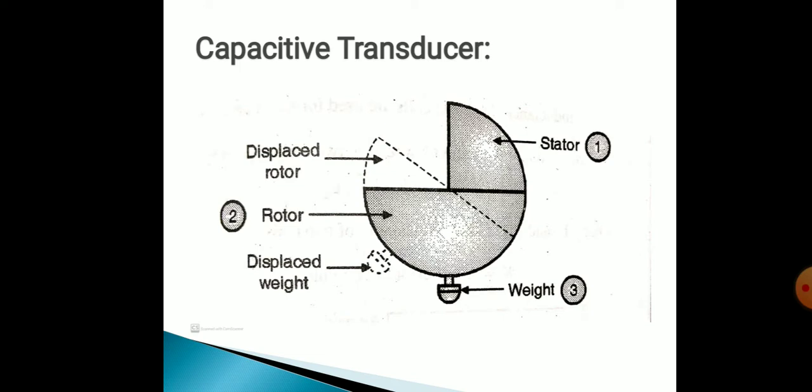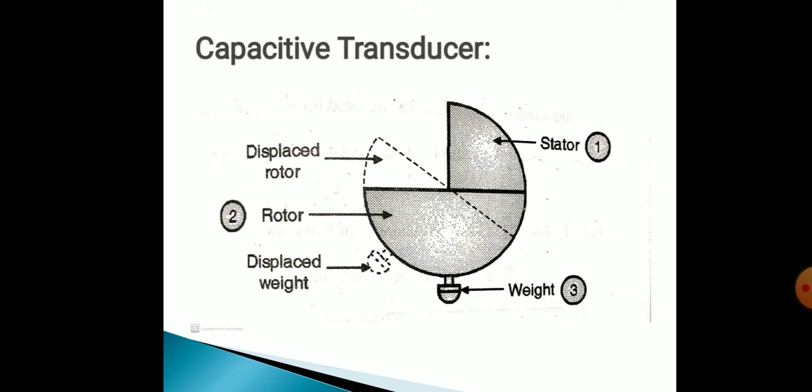The rotor is mechanically coupled to the member under test. As the member moves, the rotor changes its position relative to the stator, thereby changing the effective area between the plates. A transducer of this type is shown in the figure.